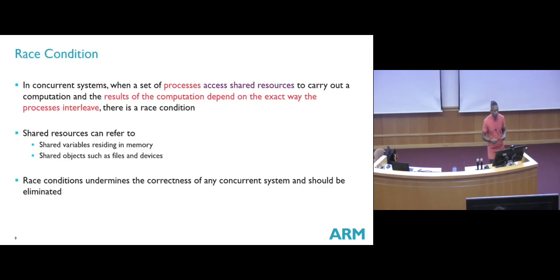The challenge we will face is what we call a race condition, where different processors try to access a shared resource, and the result of the computation may depend on the exact way the processors interleave. The race condition undermines the correctness of any system.